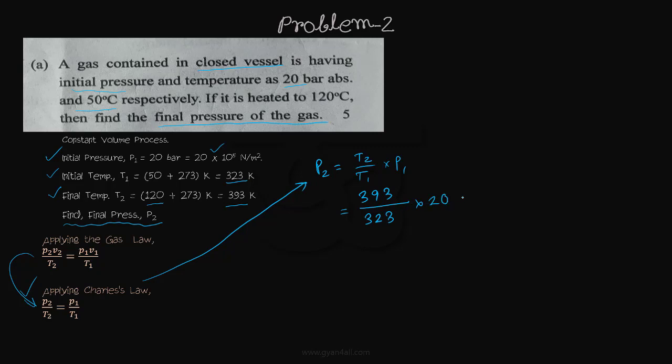If we put in bar, then we will get it in bar itself, and after calculation we will get 24.33 bar. So in the previous one, the final temperature was unknown, and in this problem the final pressure is unknown. So that is the solution of the problem.